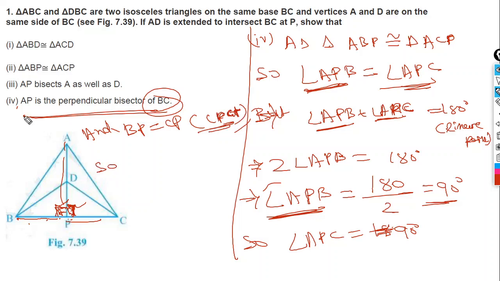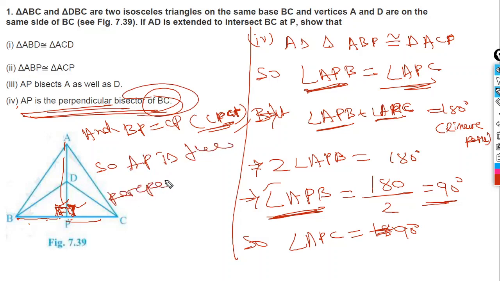So we can say AP is the perpendicular bisector of BC. Okay, so this is question number 1.